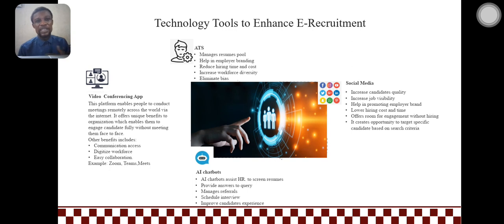Because the AI chatbot helps to provide basic answers, if candidates send a message saying, oh, I would like to know the status of my application, they get a response. So it makes the experience professional. It makes it very interesting to the candidates, even when they may not be hired eventually.